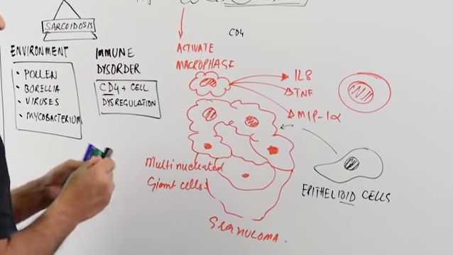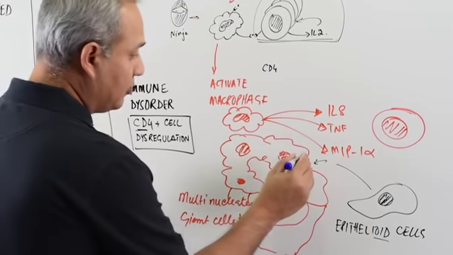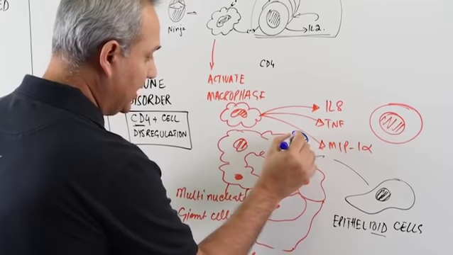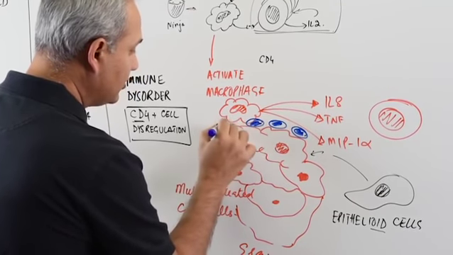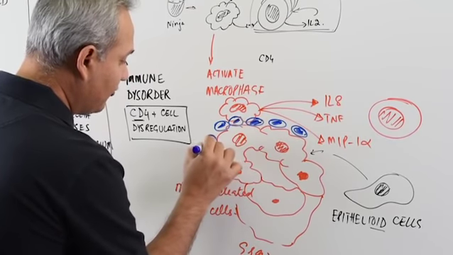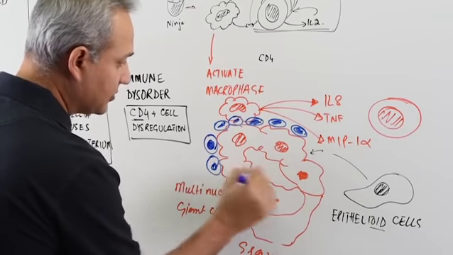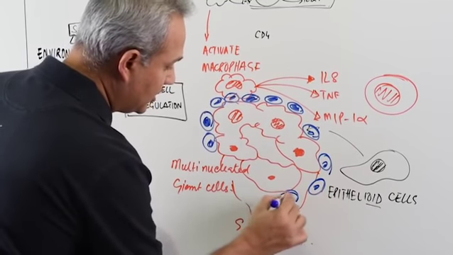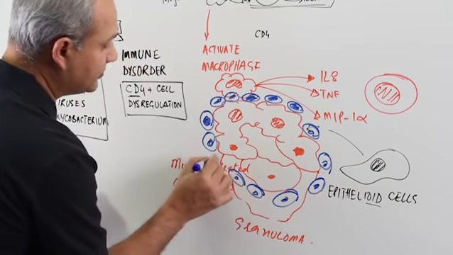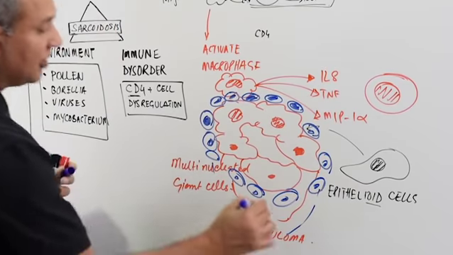The granuloma is bordered or rimmed by a rim of CD4 cells or lymphocytes around the granuloma. So this is the structure of this granuloma.